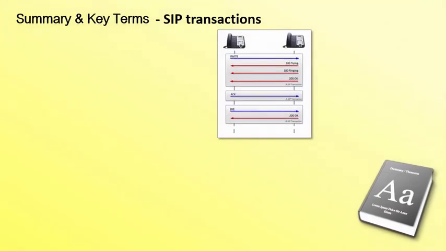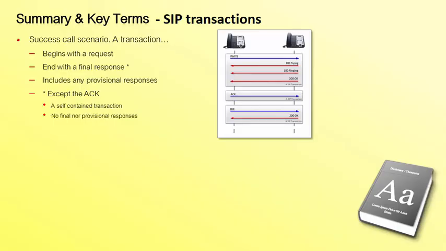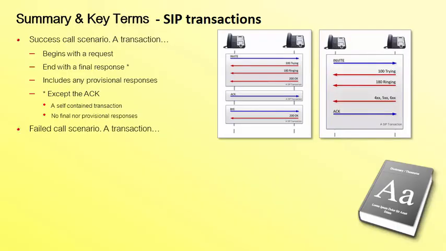Okay, in summary then, in a success call scenario, a SIP transaction begins with a request, ends with a final response, and includes any provisional responses in between, except for the ACK, which in a successful call is a self-contained transaction with neither final nor provisional responses. In a failed call, however, the transaction begins with a request, includes all responses, and this time also includes the ACK.